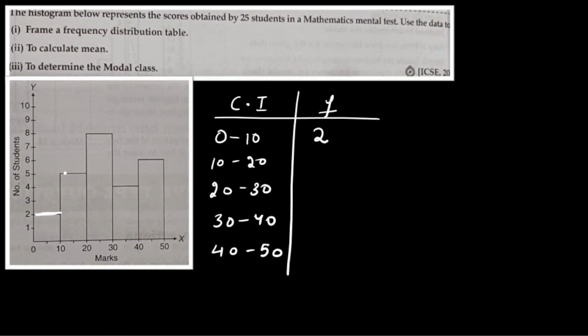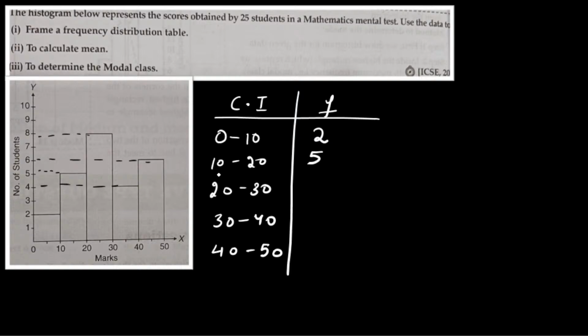The next one, if you see the highest point of this bar, it's corresponding to 5 on the y-axis. You have to see the point like this. Like this, you can see the points along the y-axis and you will be able to get the value.